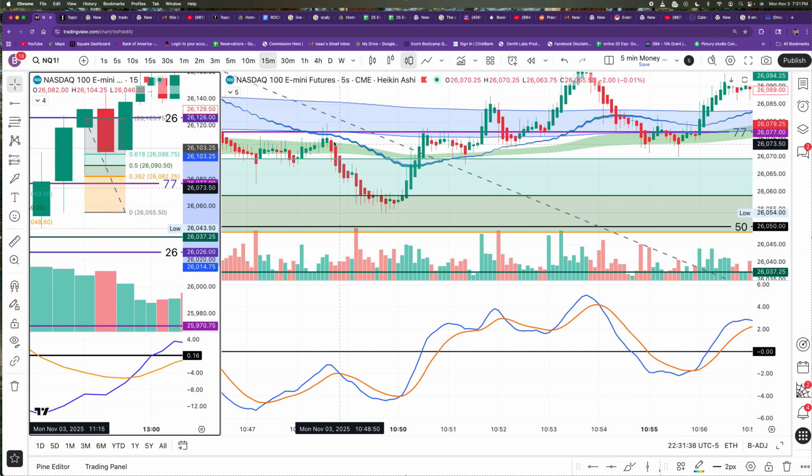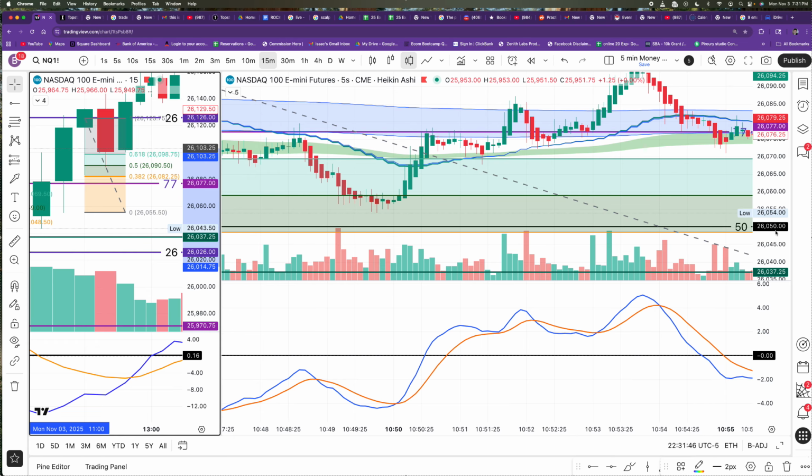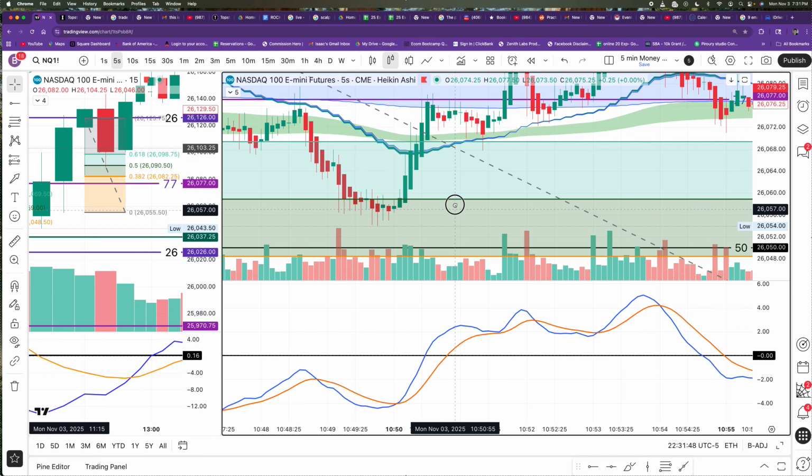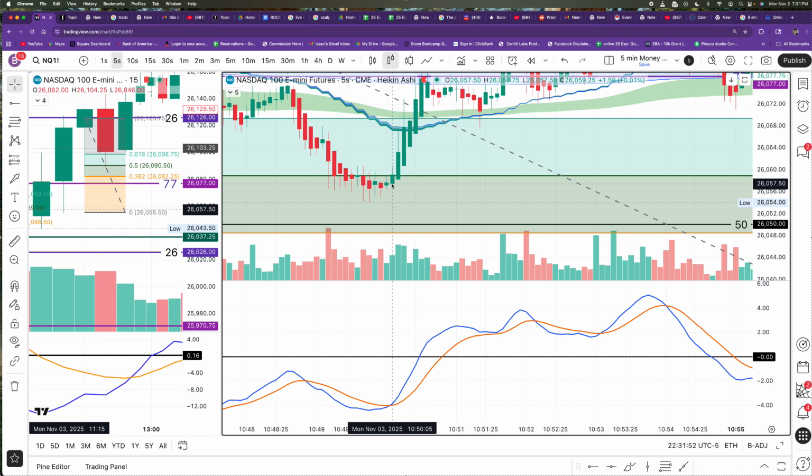I want to see price come down and start to backtest this level, and I watch these candles very carefully. I want to see flat-bottomed 5-second candles. A flat-bottomed candle is telling me that the opening of that candle is equal to the low of that candle.